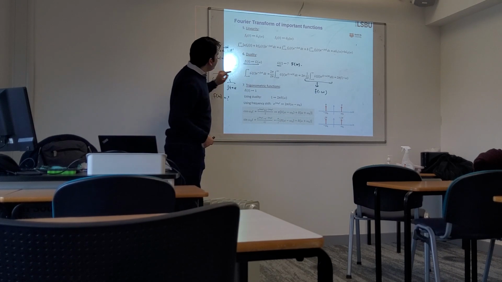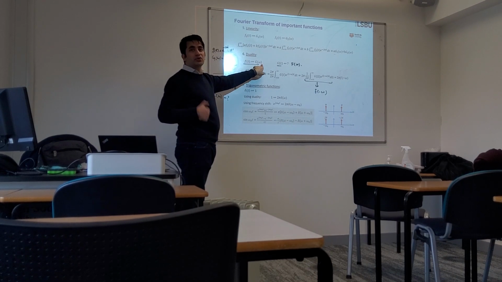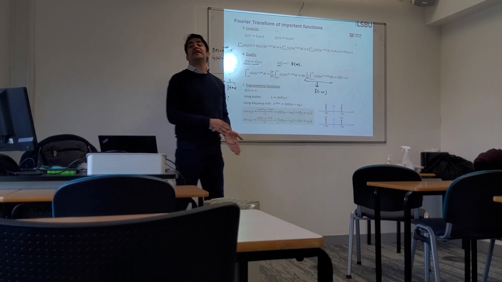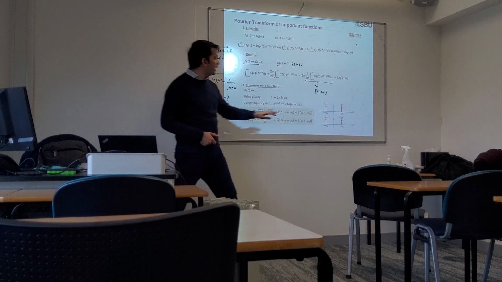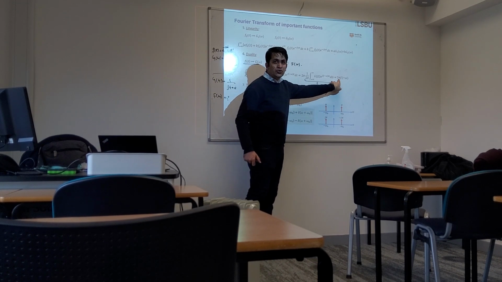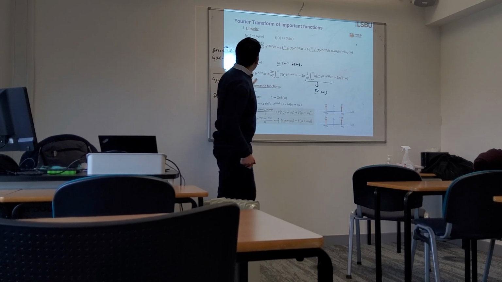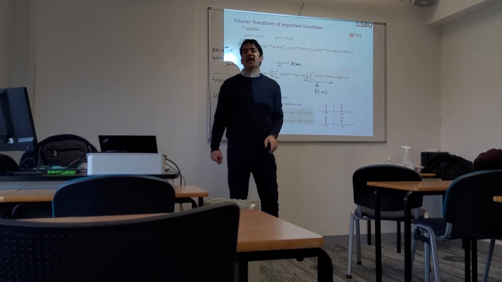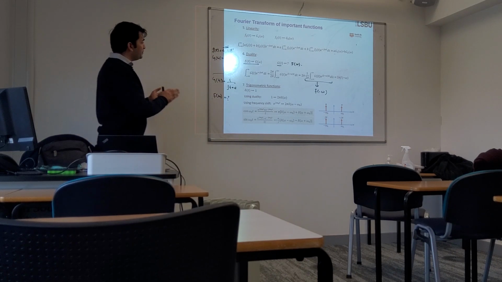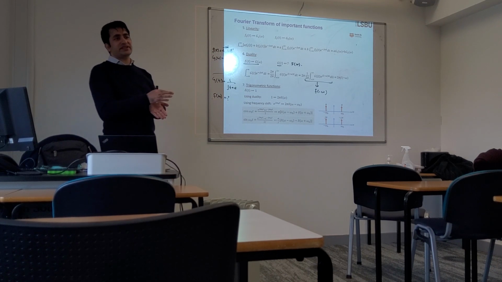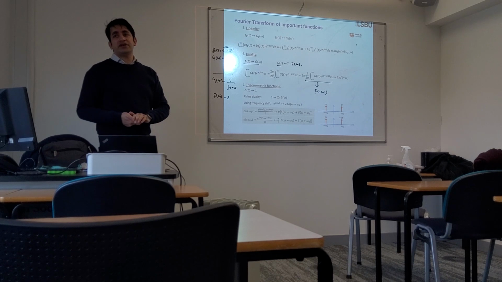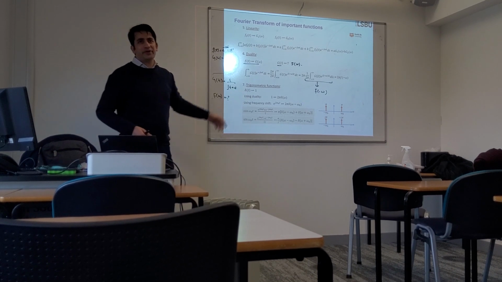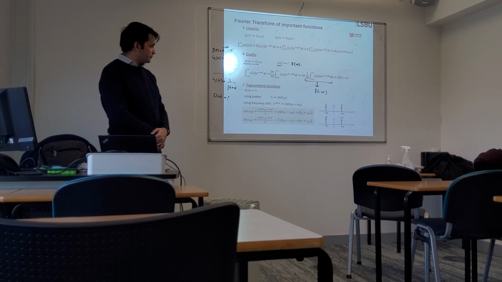So if you have a function f of t for which you know the Fourier transform, and if someone asks to find the Fourier transform for its dual, we can simply multiply by 2 pi, take f of t and put minus omega instead of t. So using the same function, we can find the Fourier transform for its dual.